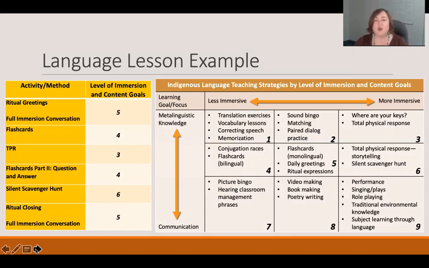So we go from the ritual greetings, which are completely immersive, and we end with the ritual greetings, which are fairly immersive. But then you notice that we're going from level 5 to 4 to 3 to 4 to 6 to 5, so that we're helping the students, and we're using different levels of immersion and helping them notice what's going on in the classroom at the same time.